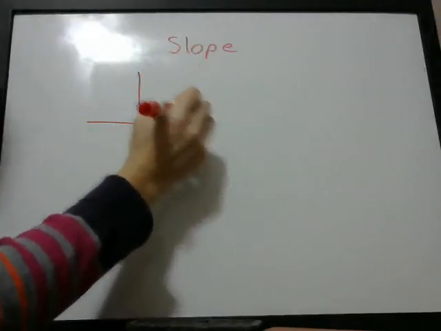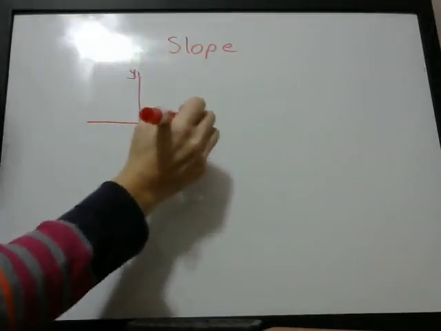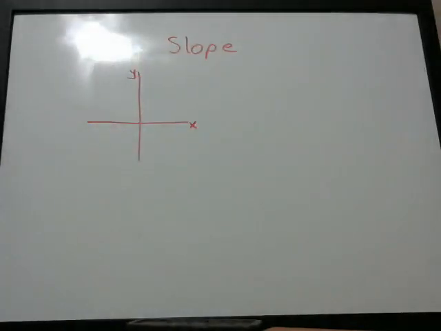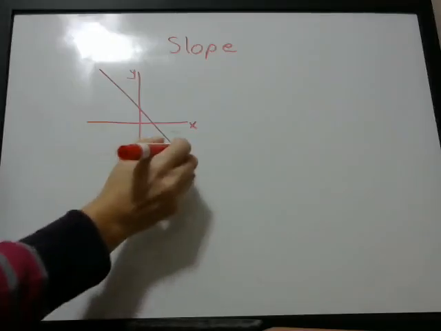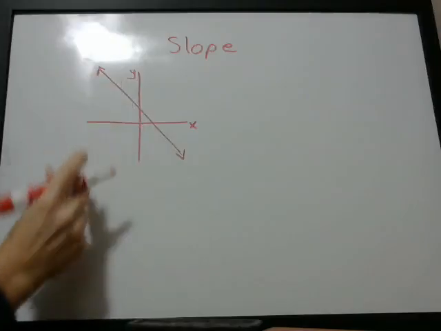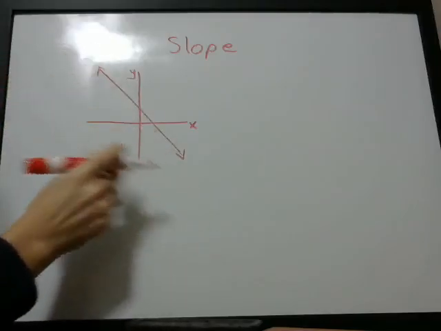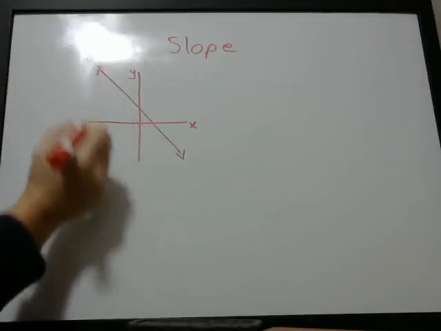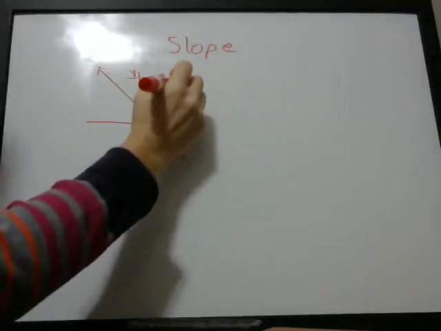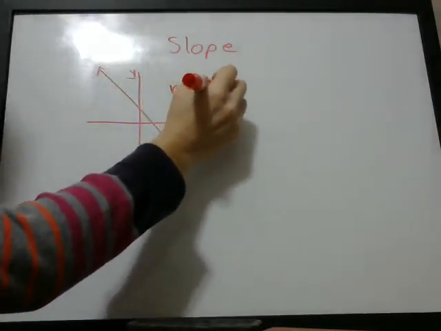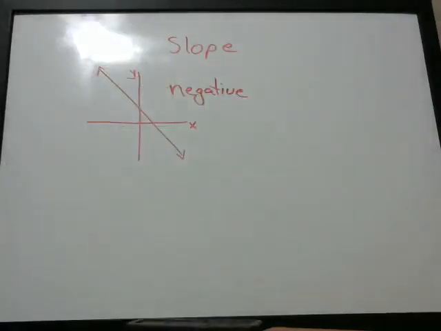Here's your X and here's your Y, because you're going to plot points and plot lines on the coordinate system. If you look at the line from left to right, so here's our line, if it's going downhill, so if you were a person standing at the leftmost part of it, and you're going downhill, you're going to have a negative slope. So the number is going to be a negative number.